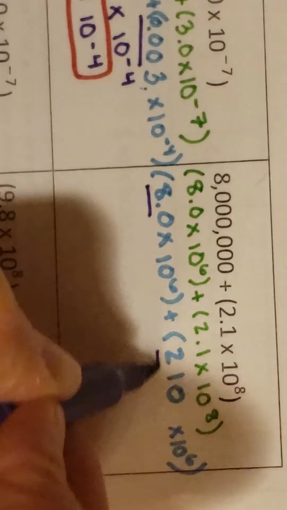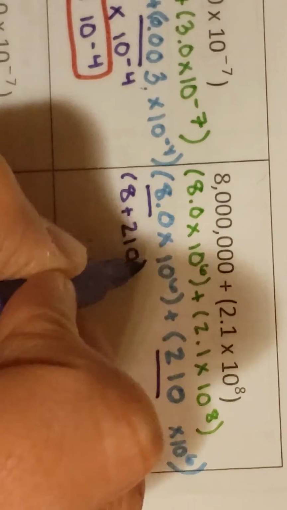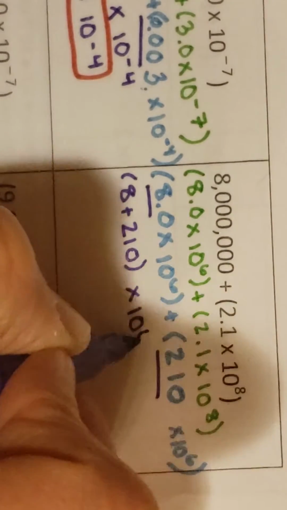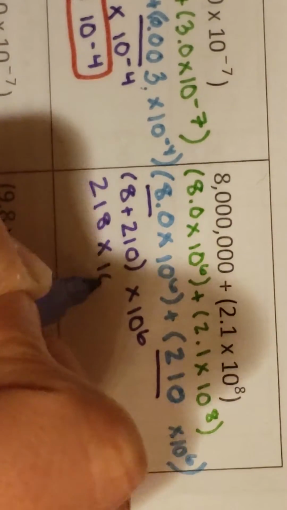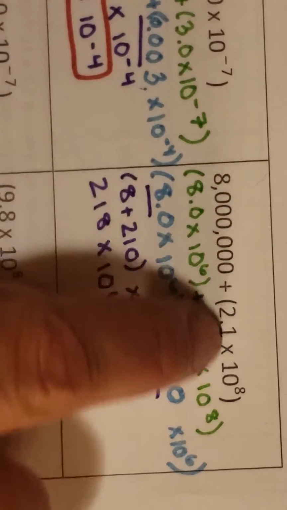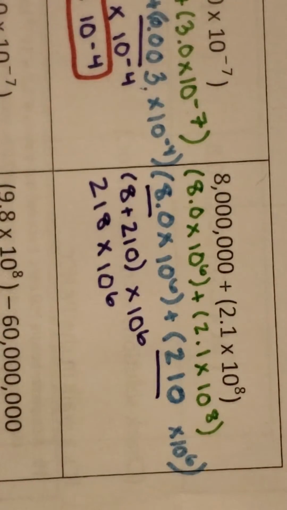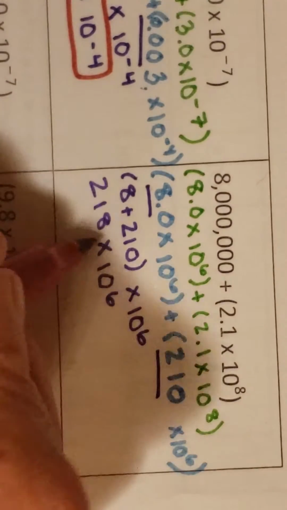And now I will add my values. 8 and 210 times 10 to the 6th, or 218 times 10 to the 6th. So that is the value of this addition problem, but it is not yet in the correct scientific notation form.